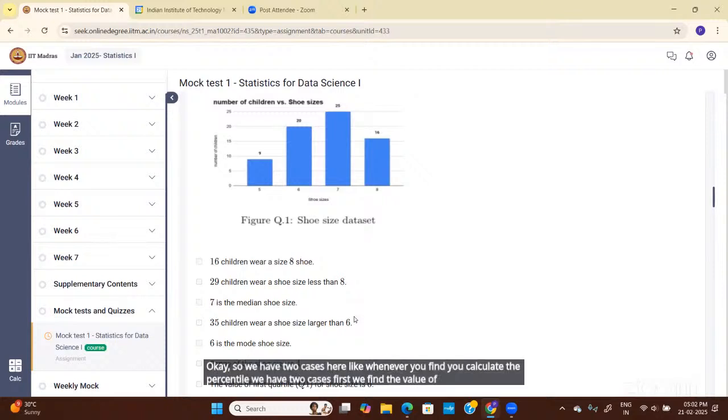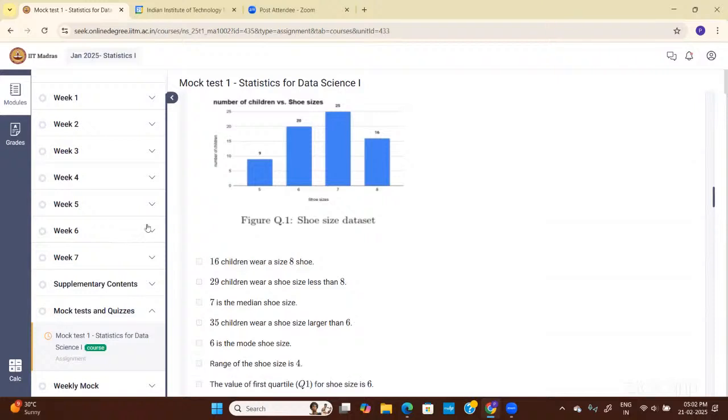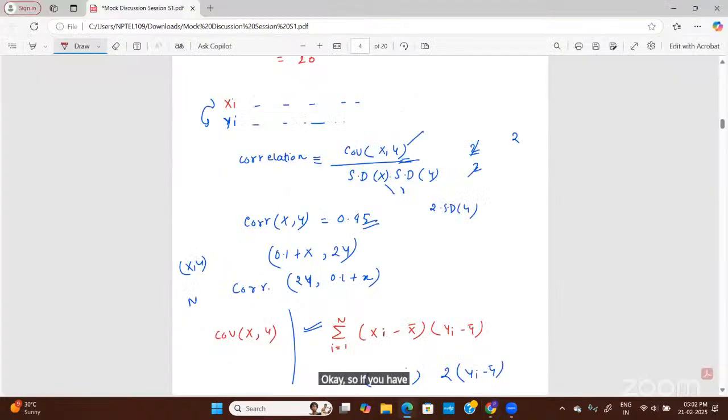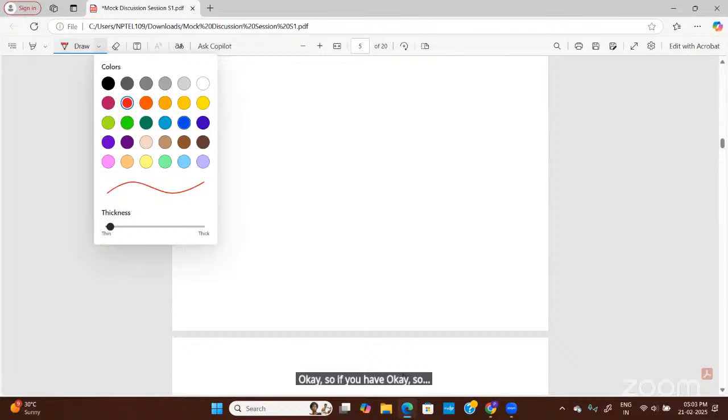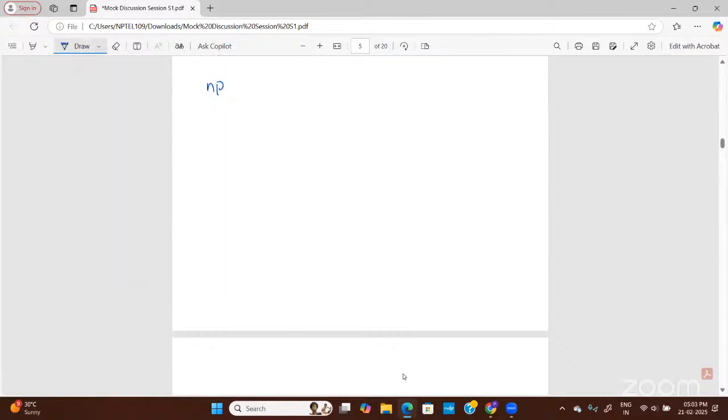The two cases are: the value of nP is an integer, and the value of nP is not an integer.